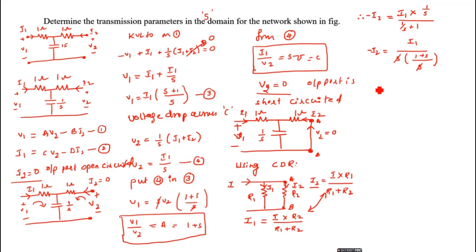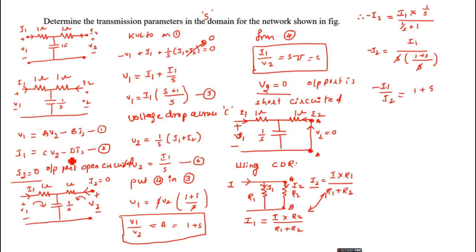We will get the first parameter, that is D. What is D here? First do simplify this. I1 divided by I2 equals minus, I1 divided by I2 equals 1 plus S.